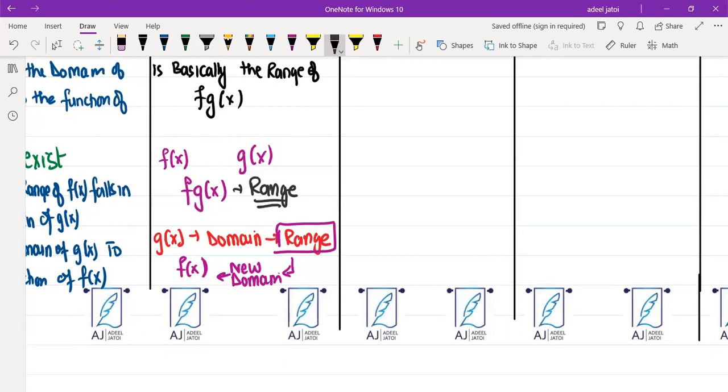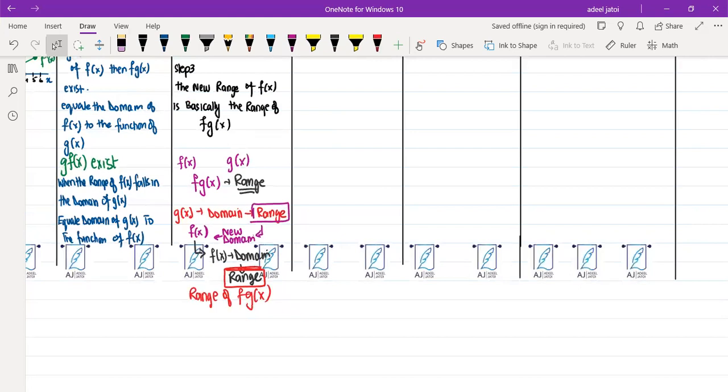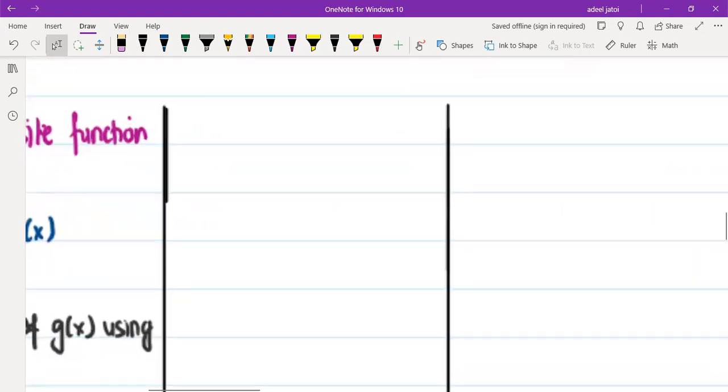Then use this f(x) domain to find what? Range. This range, the f(x) range using the range of g(x), is basically the range of f(g(x)). Now let's do this as an example.